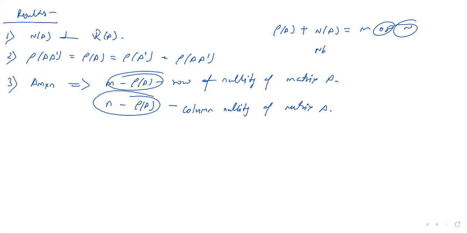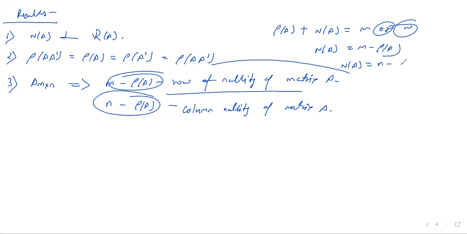We have nullity of A equal to m minus rank of A, that means the row nullity of matrix A, and if we take the number of columns, then nullity of A would be n minus rank of A by applying the rank nullity theorem, and this is said to be the column nullity of matrix A. Okay, so this is the concept of the rank nullity theorem.